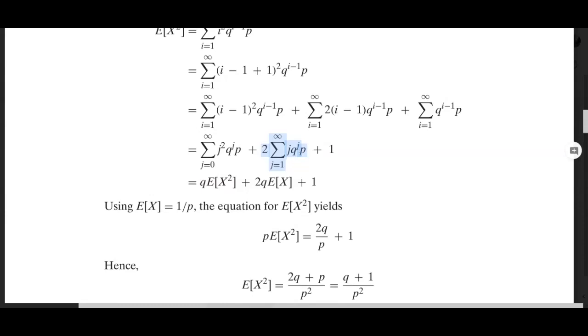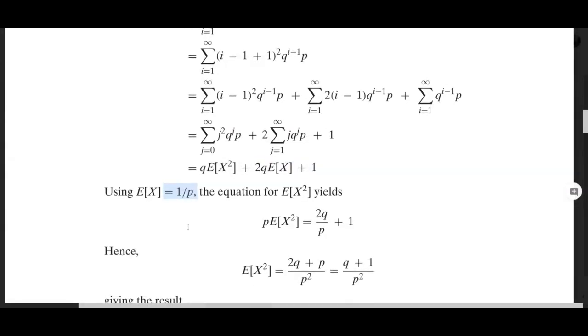Then for this one, we have j times q^j. Well, we split q^j as q times q^(j-1). Because q^(j-1) times p with all this summation is just the expected value times q, then plus 1. All right, so we have these 3 terms.